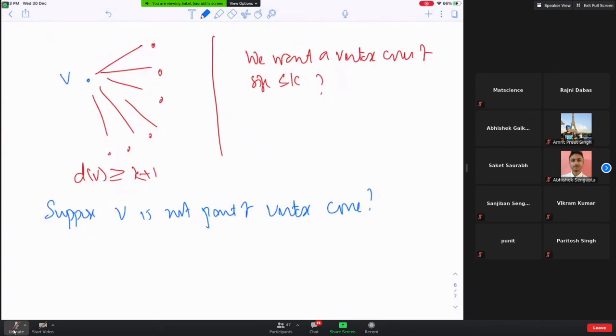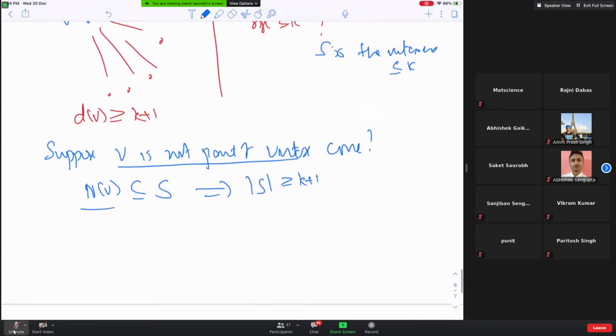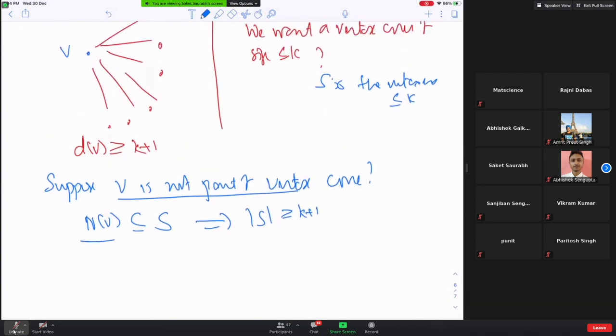Okay, but then N of V is a subset of my S, where S is the vertex cover of size at most K. Which implies what is the size of S? Suppose V is not part of the vertex cover, then N of V has to be part of S. Then the size of S must be greater than or equal to K plus 1. Then what can I conclude from this inference?